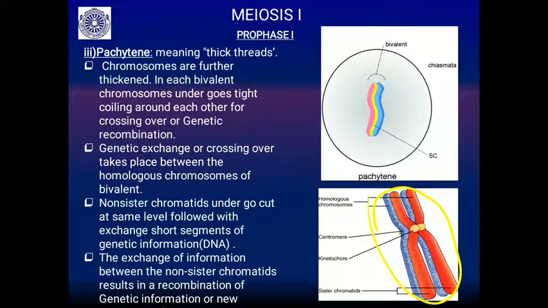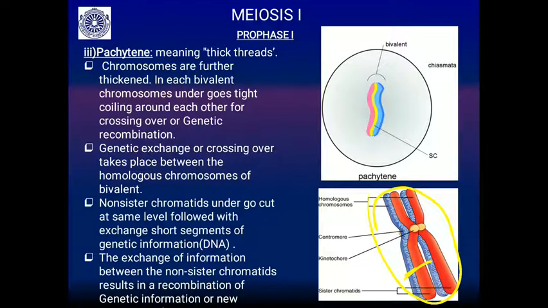You will find a tetrad or bivalent, and an exchange of chromatid segments takes place between the non-sister chromatids, chromatids belonging to different chromosomes. Non-sister chromatids undergo a cut at the same level, followed by the exchange of short segments of chromatids.